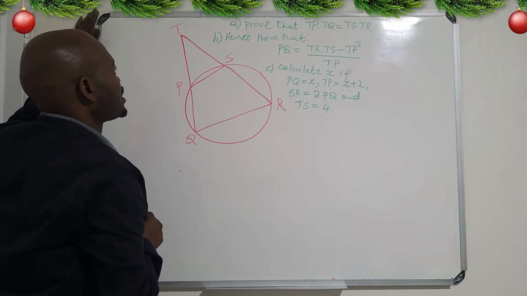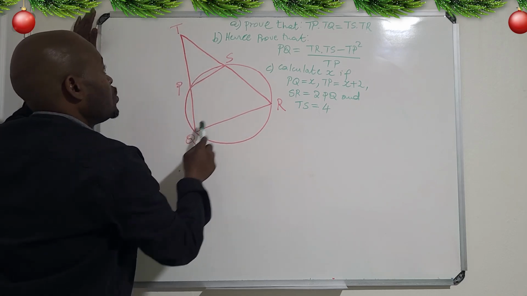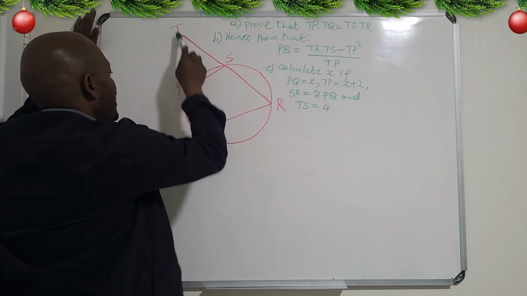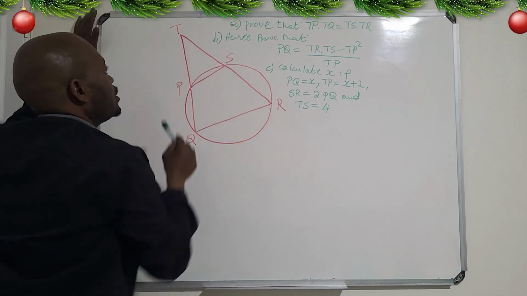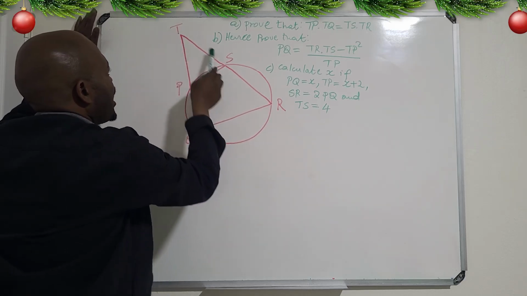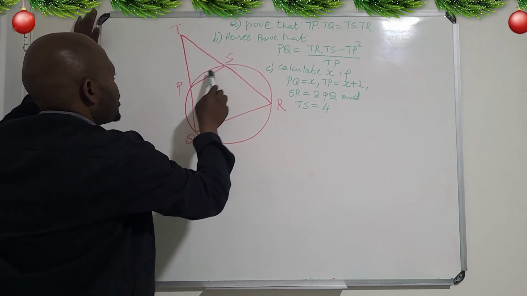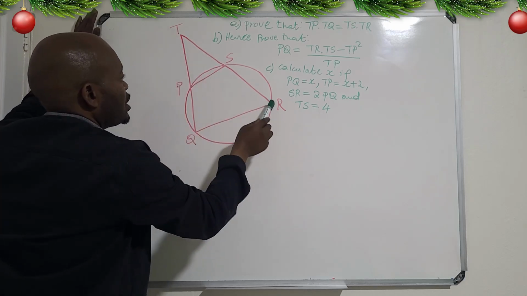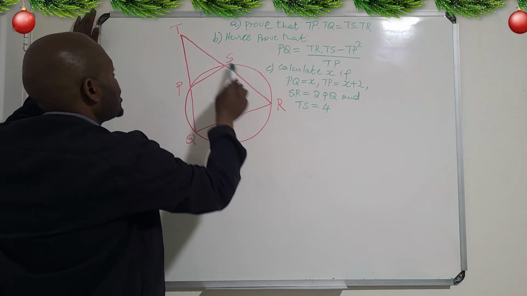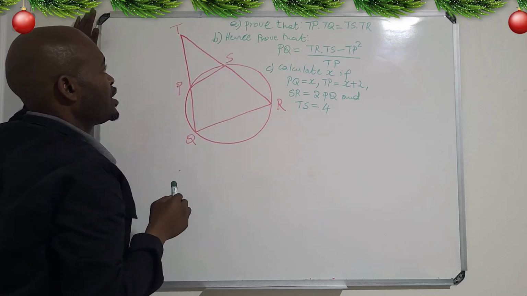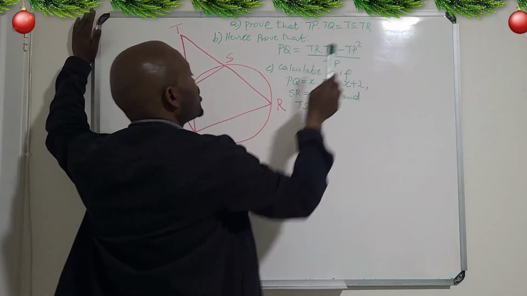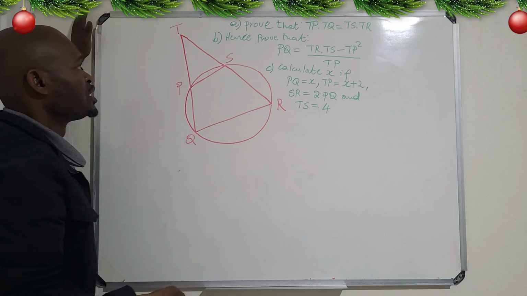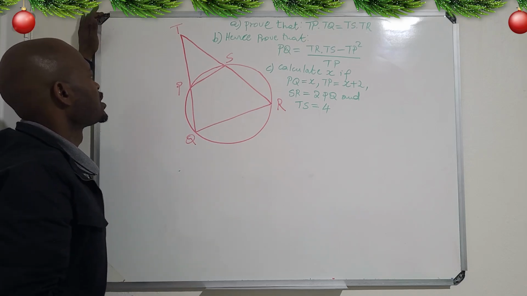You can see that TQ is in this triangle. You can see that TS is also in this small triangle, and TR is in this triangle there. Therefore, for us to prove this, we know we must prove similarity of triangles.